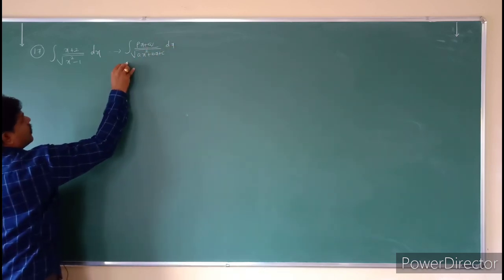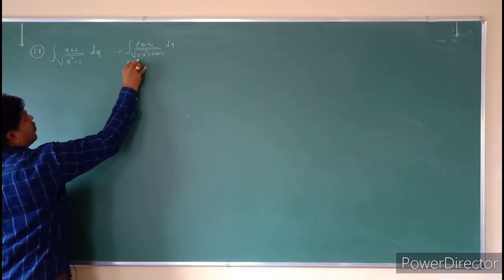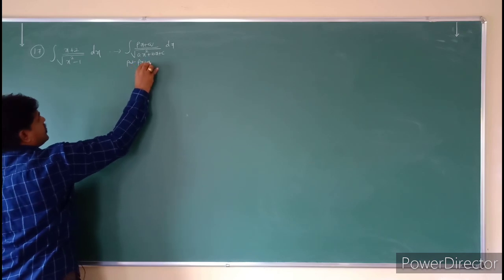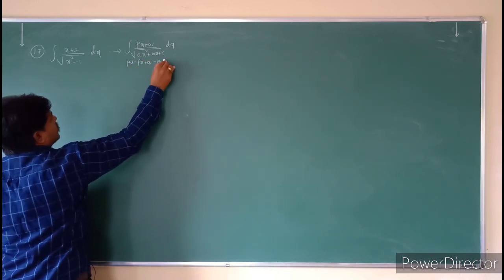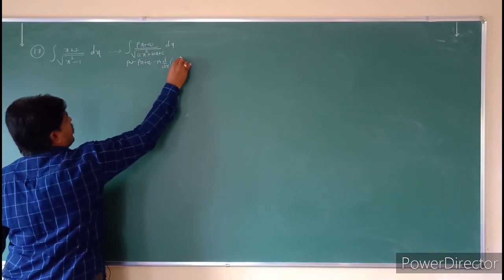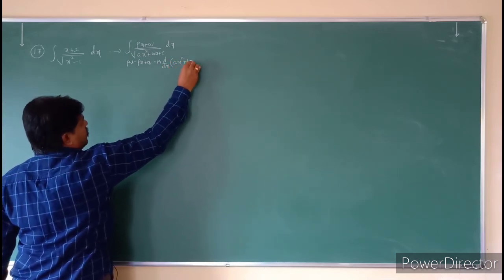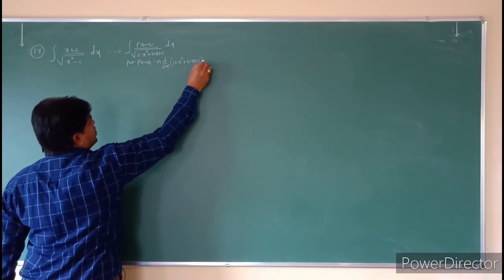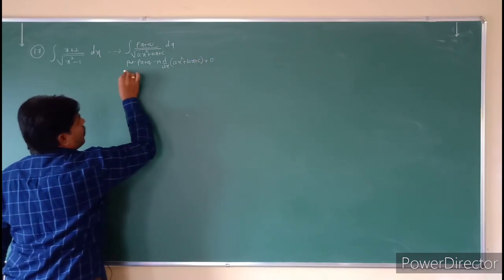So what I told is: put px plus q is equal to a into derivative of ax square plus bx plus c, plus d.